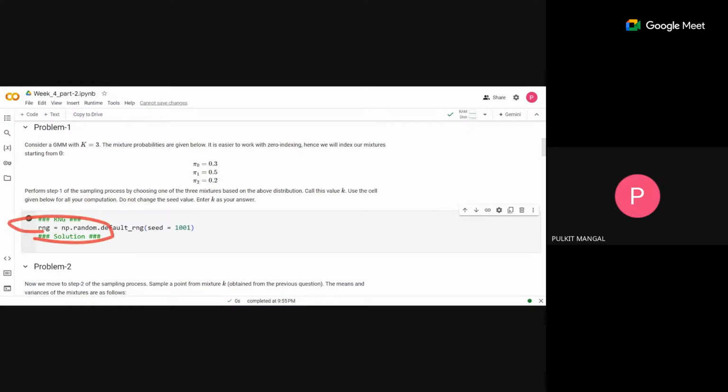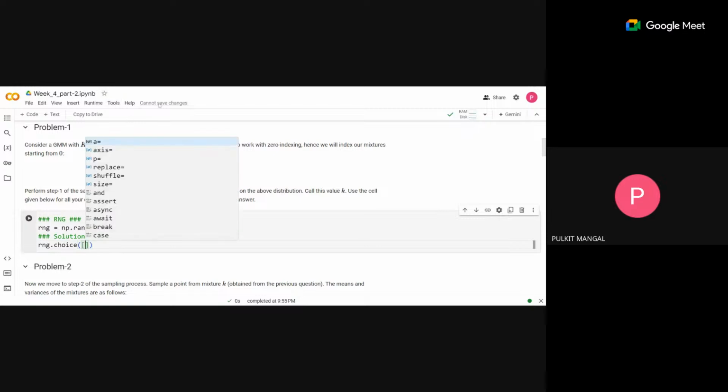First we tried RNG dot integers, then RNG dot what, from which you can give the probability you want? Not random, that will give you just a random number. We want it with respect to this specific probability. Choice, sir. Yes, correct. It was RNG dot choice.